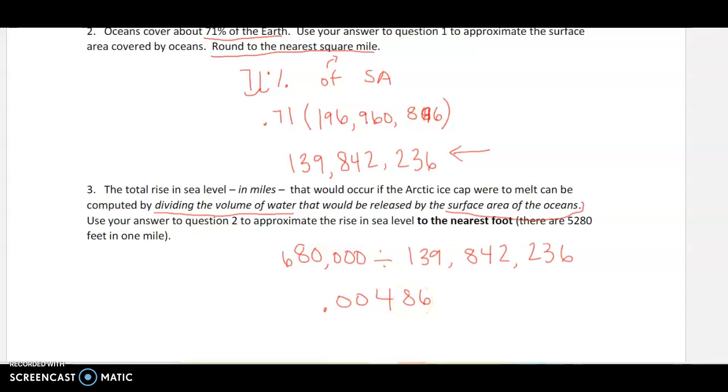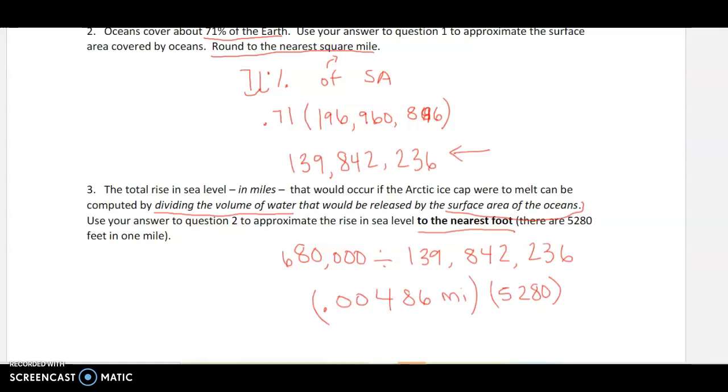But the problem is we need to write this to the nearest foot. And so to write this to the nearest foot, we need to change it to feet. This is in miles. If we know how many miles there are, we know in every single mile there's 5,280 feet. And so when we multiply these, this will tell us how many feet there are.